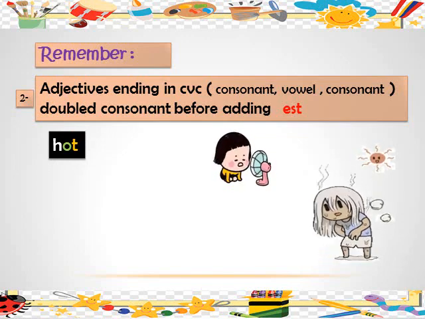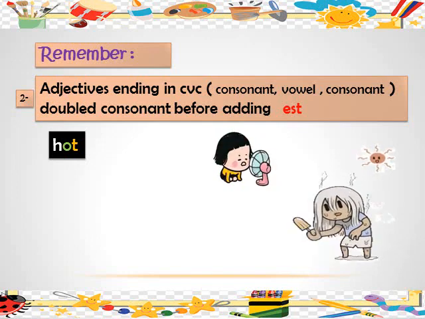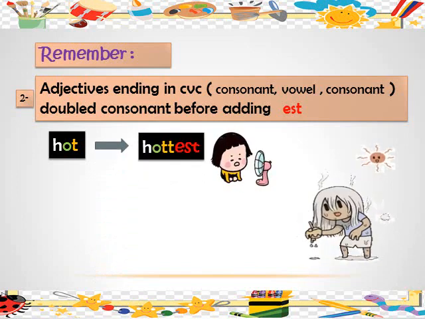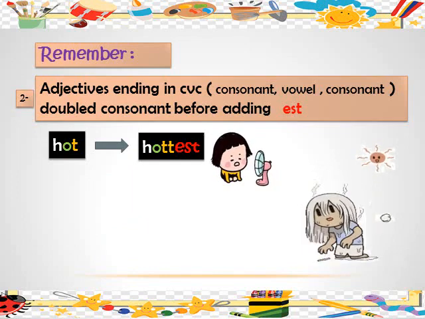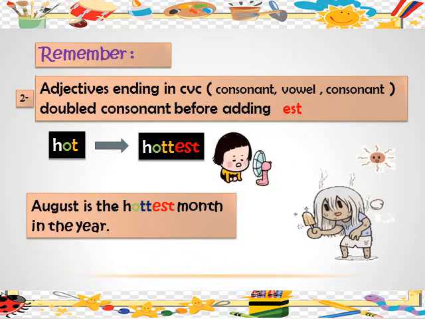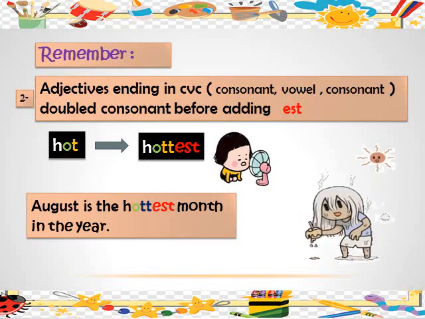H is the consonant, O is a vowel, followed by another consonant, which is T. We change it into hottest. We double the letter T, then we add "est". Let's see this example. August is the hottest month in the year. Do you agree with me? Really, it's the hottest month in the year.